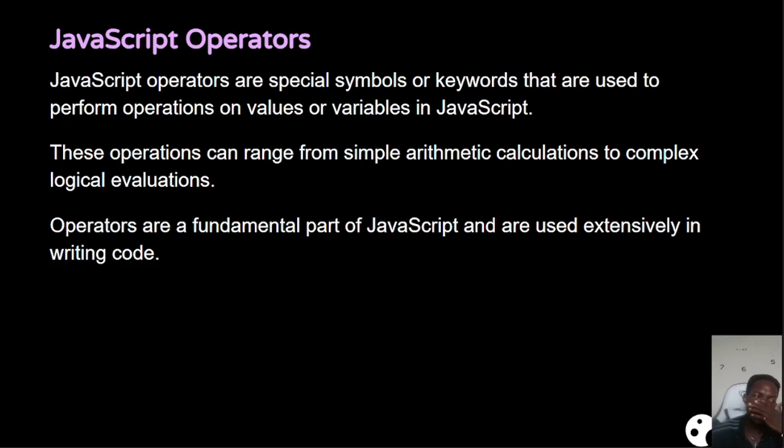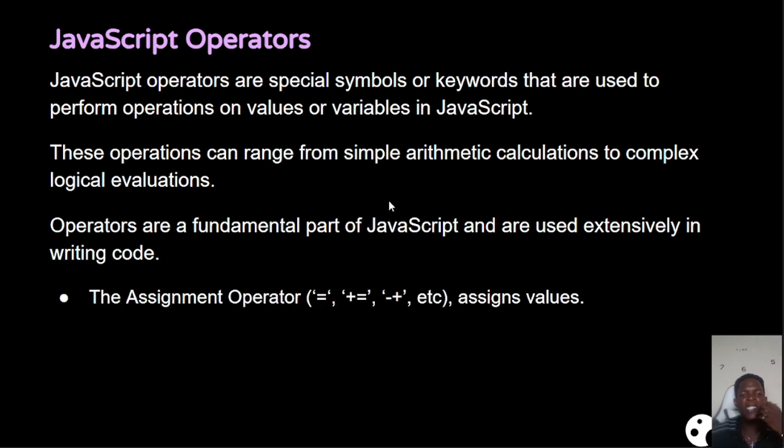So there are basically four major groupings of operators. First, we have the assignment operator. This is used to assign a value. Just like the example we have, const name equals. That equal sign is an assignment sign. It doesn't mean that name is equal to, like in mathematics.